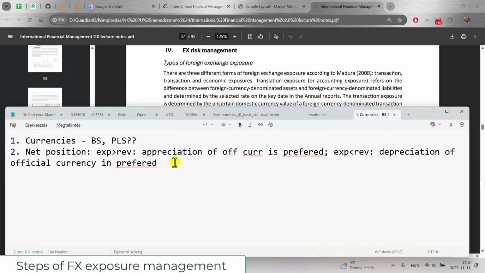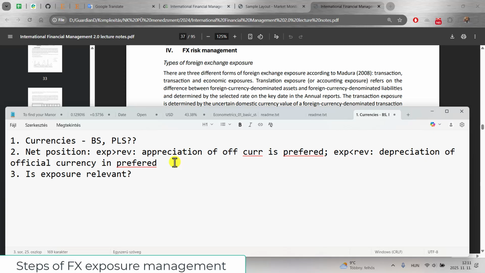And once we are able to set up preferences, so the next net position, and also which defines our preferences, then we can also check the relevance of this position. So is this exposure relevant? Do we want to deal with this or not?